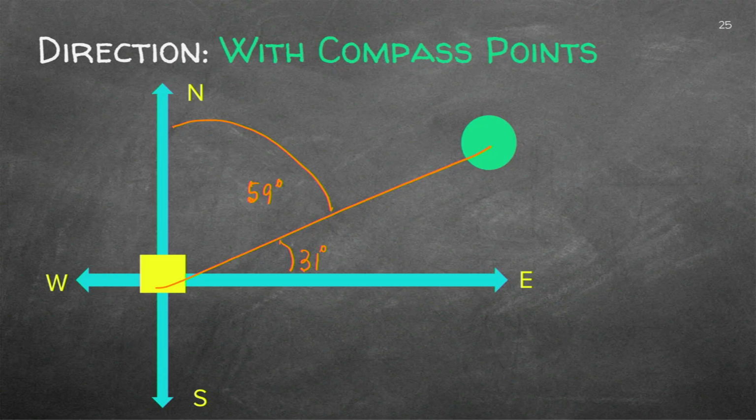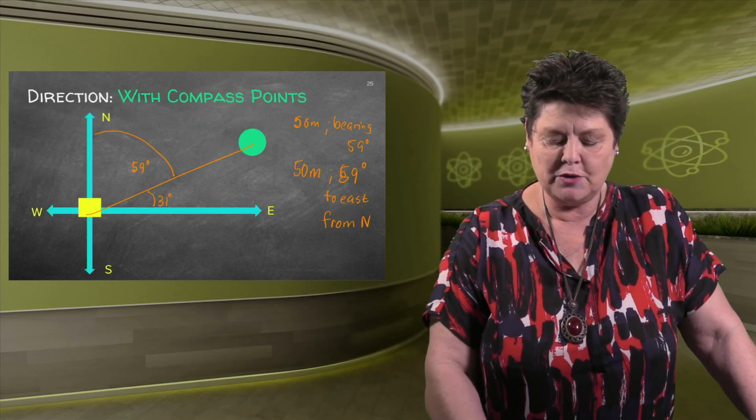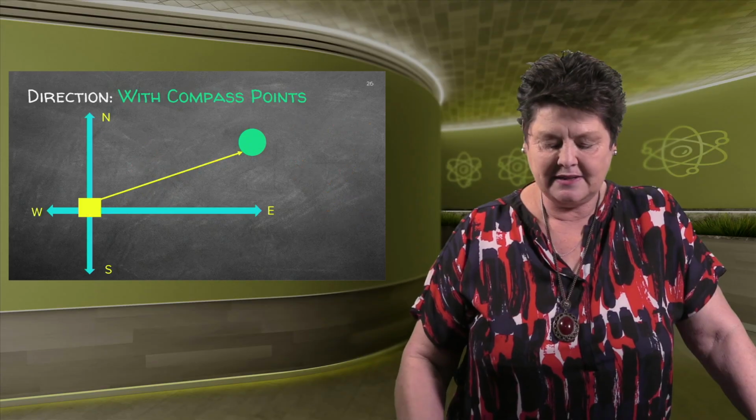So I can say it is 50 meters at a bearing of 59 degrees, or you could say 50 meters and it's 59 degrees to the east from the north. So be careful that you've got a clear indication where it is so that a person can find exactly the same point.